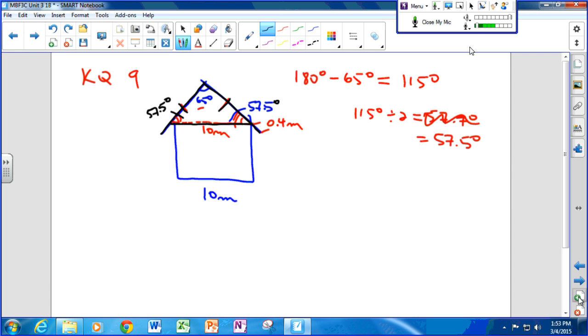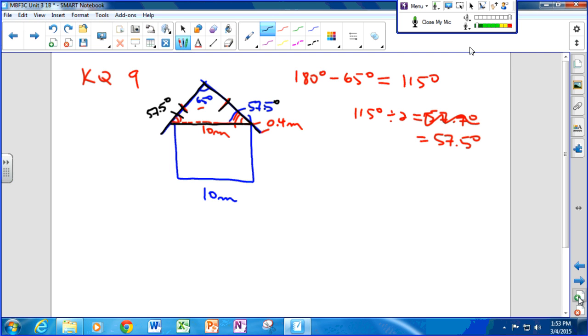It's an isosceles triangle, where it has two sides that are the same length. And it's just a rule: when you have two sides that are the same length, the angles opposite the equal sides are the same. So now we have enough information to find the length of one of these sides.